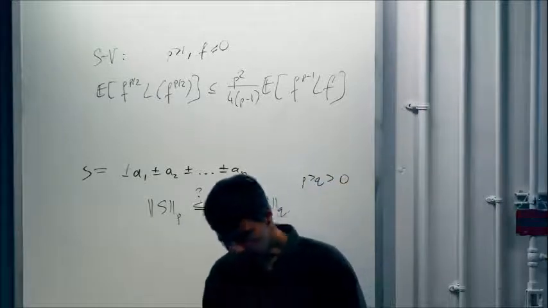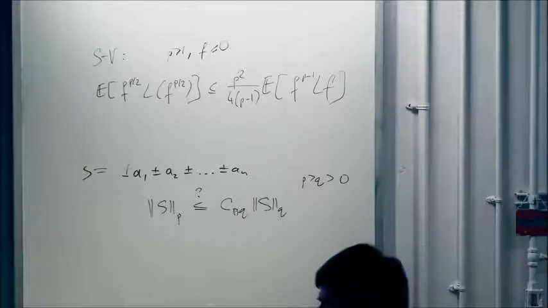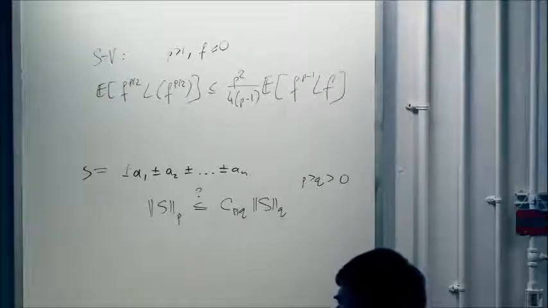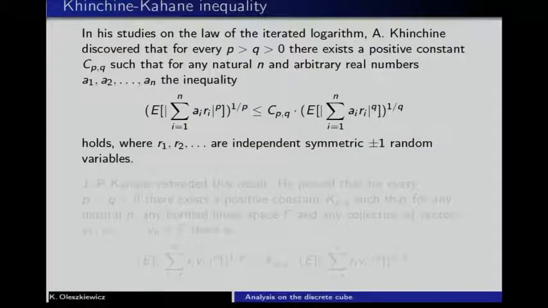And actually, a famous theorem of Khinchin, which he proved when he was working on the law of iterated logarithm, but which was later used in many other situations, states that there is a constant depending only on p and q, but not on the actual choice of coefficients a1 up to an, and not on the number of coefficients n, such that this bound holds true.